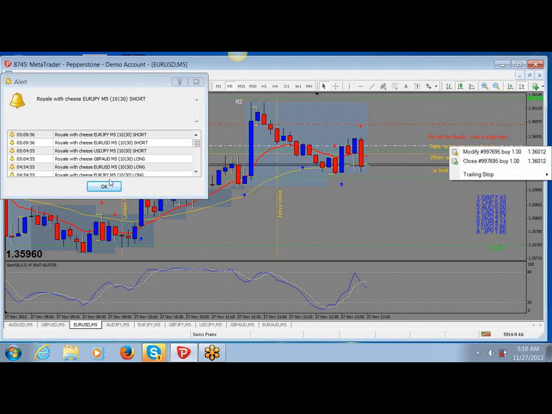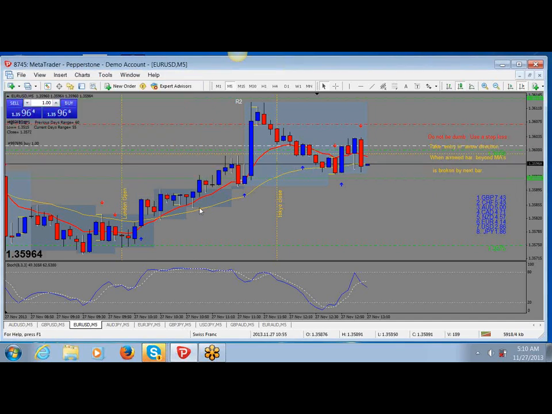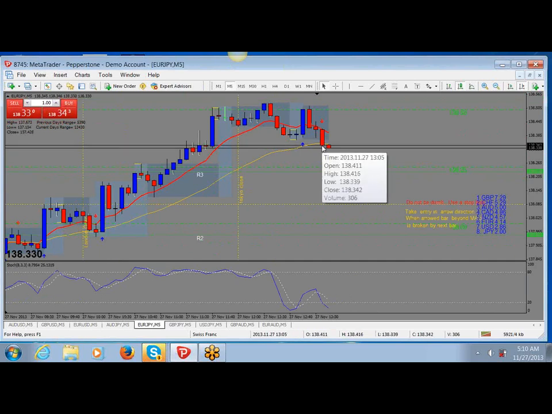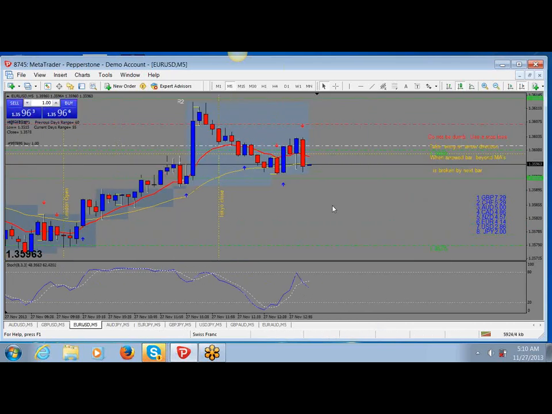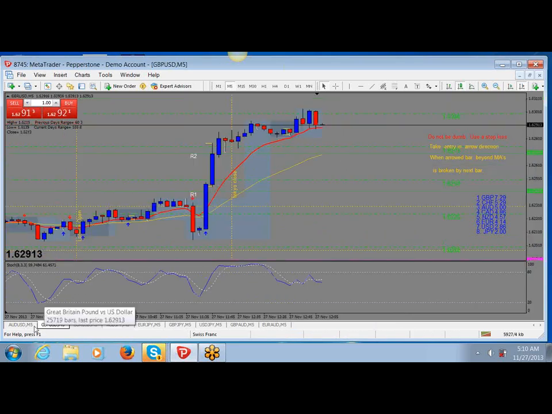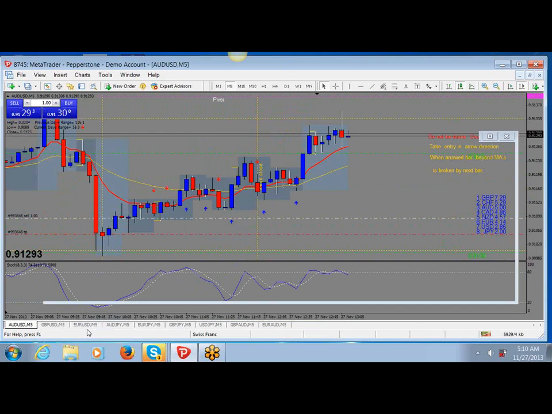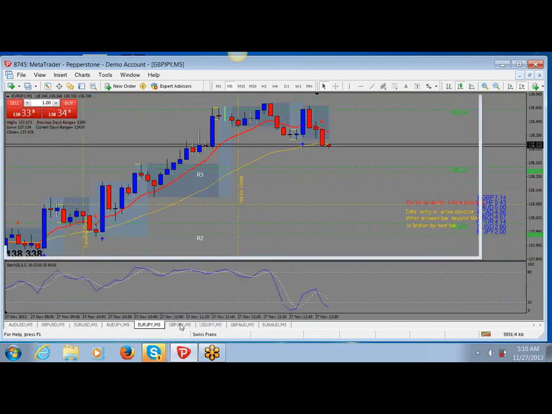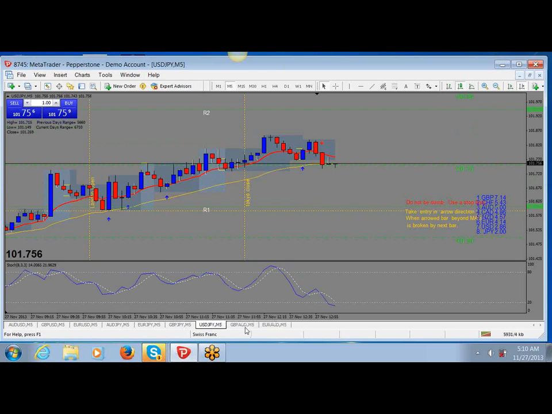We've got EJ short, Euro short. Yep, got a counter trend. Yeah, I just got stopped out on that EU.